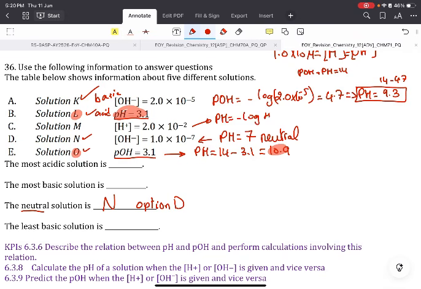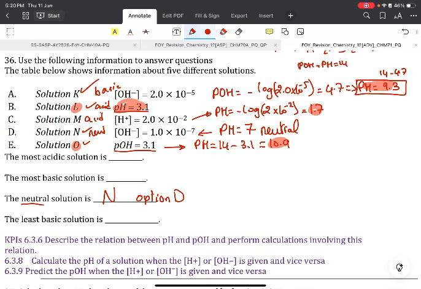This one, I'm just gonna do it here. pH equal minus log H plus. So instead of H plus, I'm going to substitute. And the pH is gonna be negative 2. The pH is 1.7. So this one again is acidic. This is neutral. And this is basic.